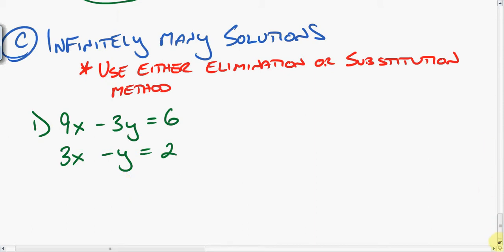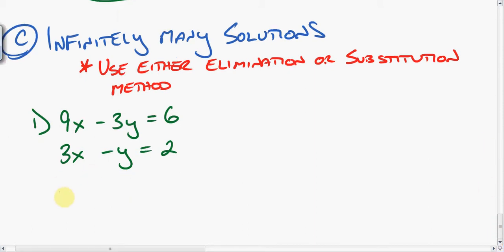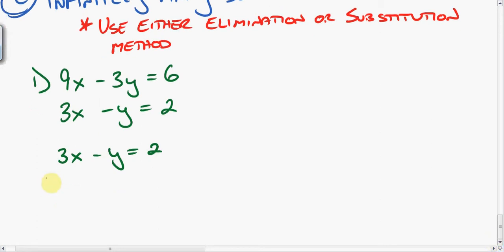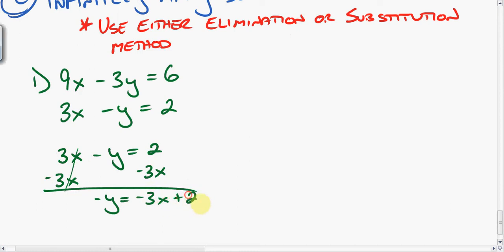So, first things first, I'm going to take this equation, 3x minus y equals 2. I'm going to bring over the 3x, so I'm going to subtract 3x from each side. And I've got the opposite of y equals negative 3x plus 2.